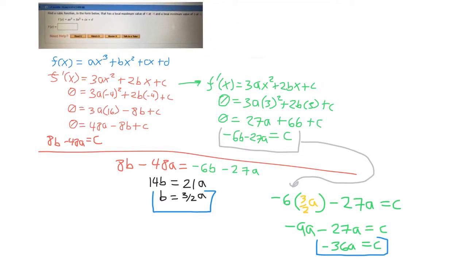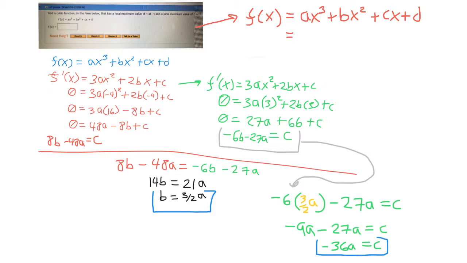So we're going to figure out what d equals in terms of a by rewriting the original function. So here's the original function. It was ax cubed plus bx squared plus cx plus d. So we could figure out what d equals in terms of a.